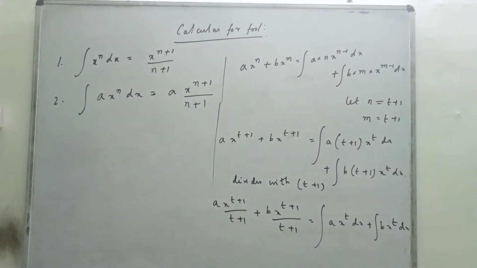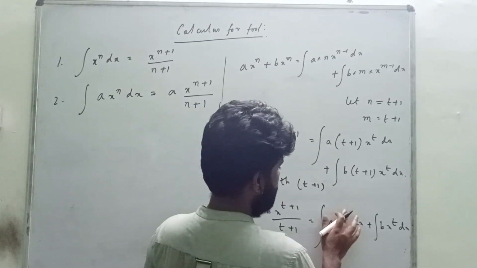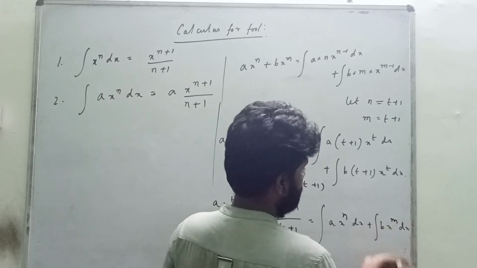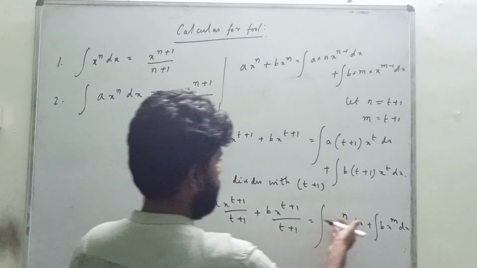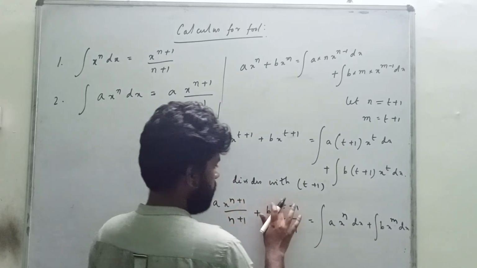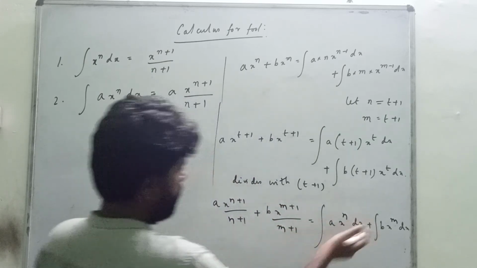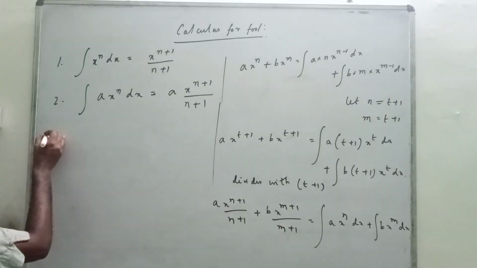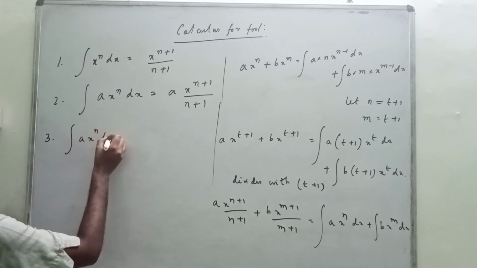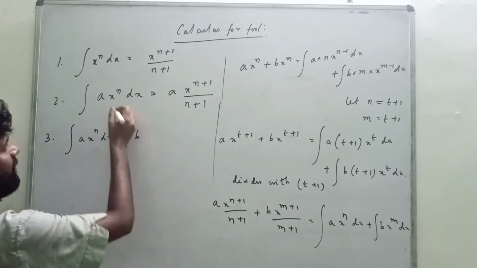Right. And if the t is n, just write n, and there is m, just a dummy index. So instead of t here, you just write n, and there is m. The same thing actually, the dummy index you can change. Okay, so ultimately, number three: the sum of ax power n dx plus b is the same thing, right?